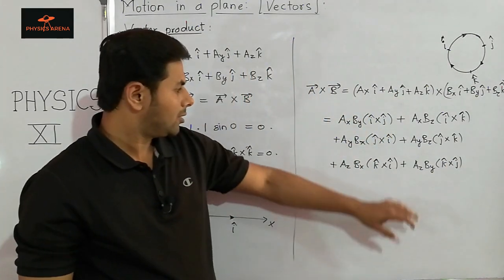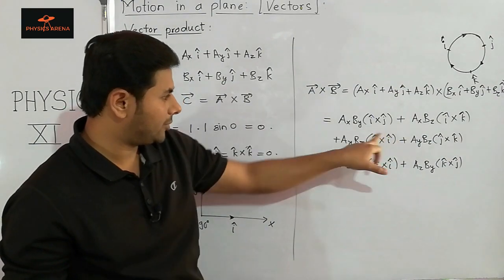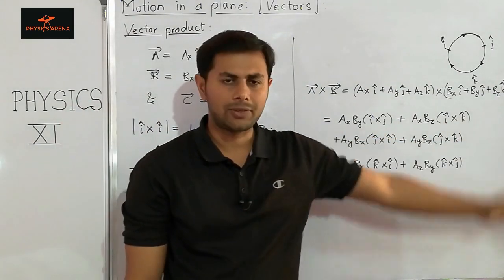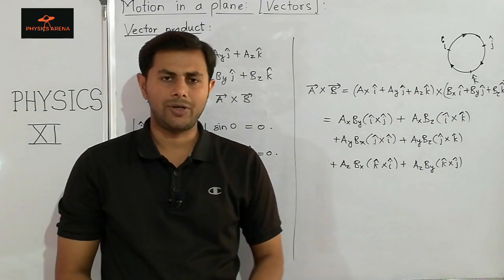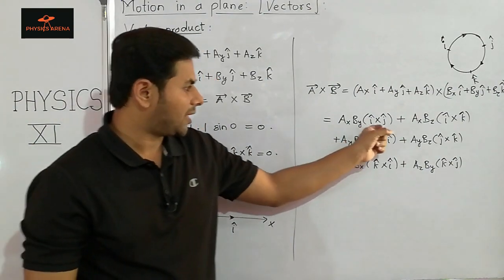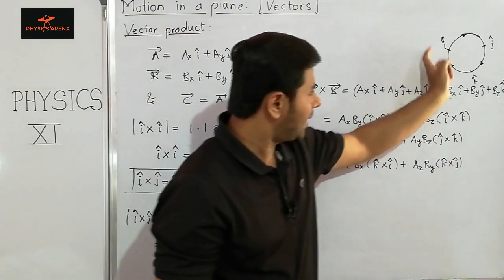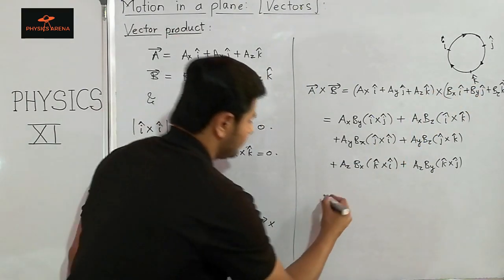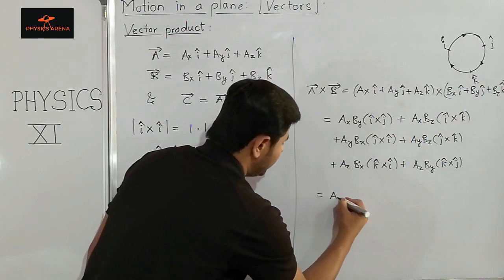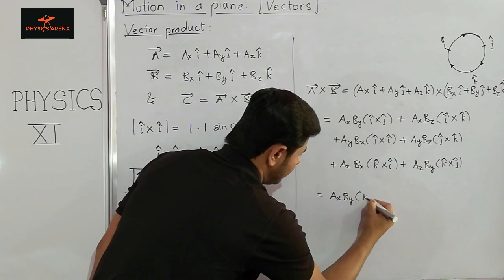Now let's substitute for i cross j, i cross k, the vector products of unit vectors. What is i cross j? i cross j is k, so it is ax by times k cap.